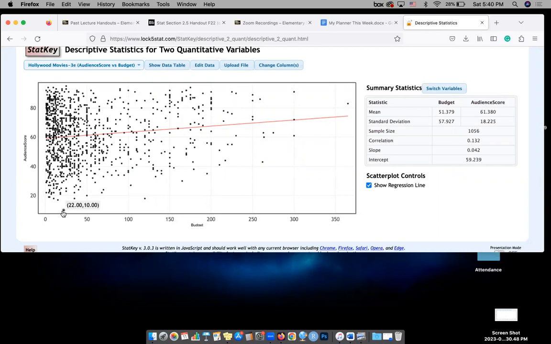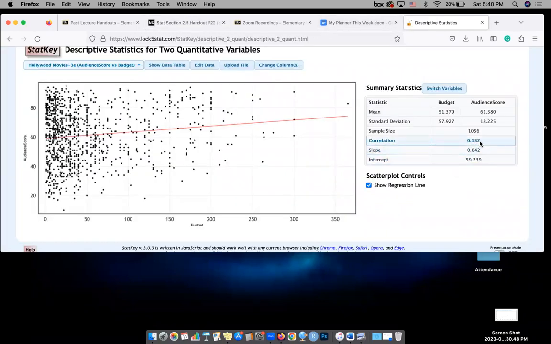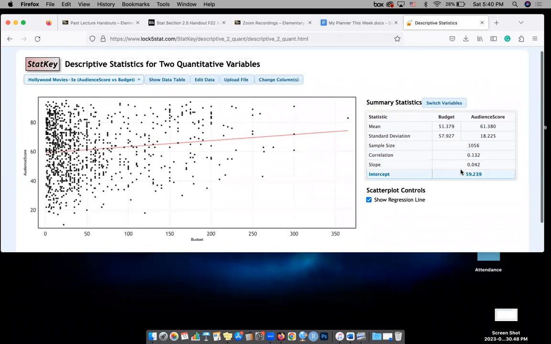So this is your lowest rated movie out of all these over 1,000 movies. Rating of 10, budget of 22 million. And you don't need to calculate the correlation yourself. It says use technology to get the correlation. That's the 0.132 that StatKey already did, crunching all the numbers for us. That's what you would need for your homework.